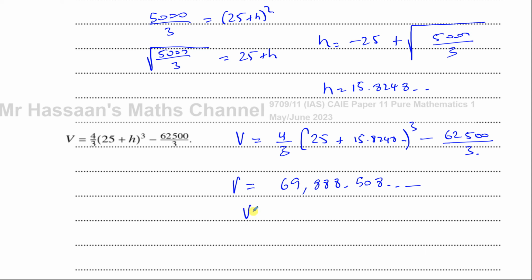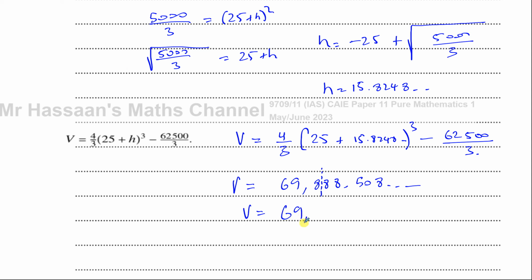Now this answer, of course, we should round. It's not an exact answer, so we should round it to 3 significant figures. If we stop at the third significant figure, that 8 is going to become a 9. Sorry, I don't know what I was talking about there.